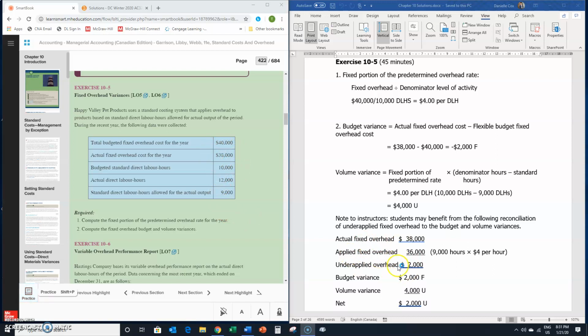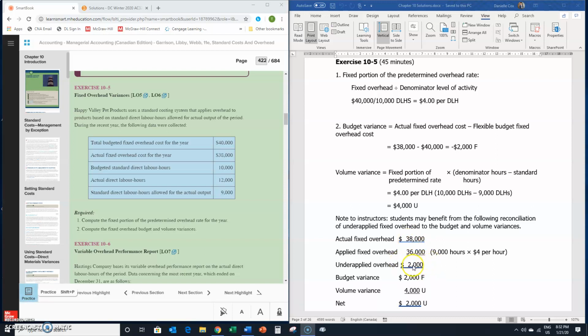Applied fixed overhead would be standard hours times your rate of $4 per hour, that's $36,000. So they underapplied overhead by $2,000. They applied $36,000, the actual was $38,000.